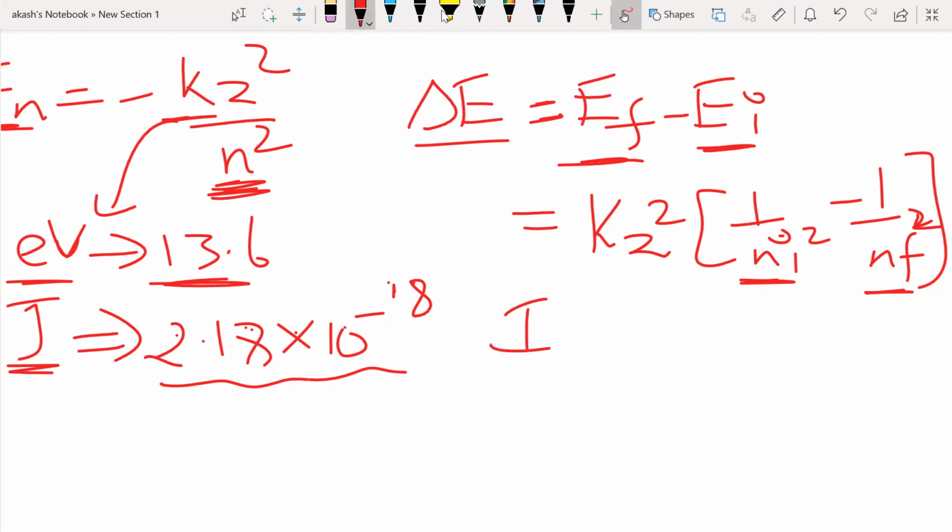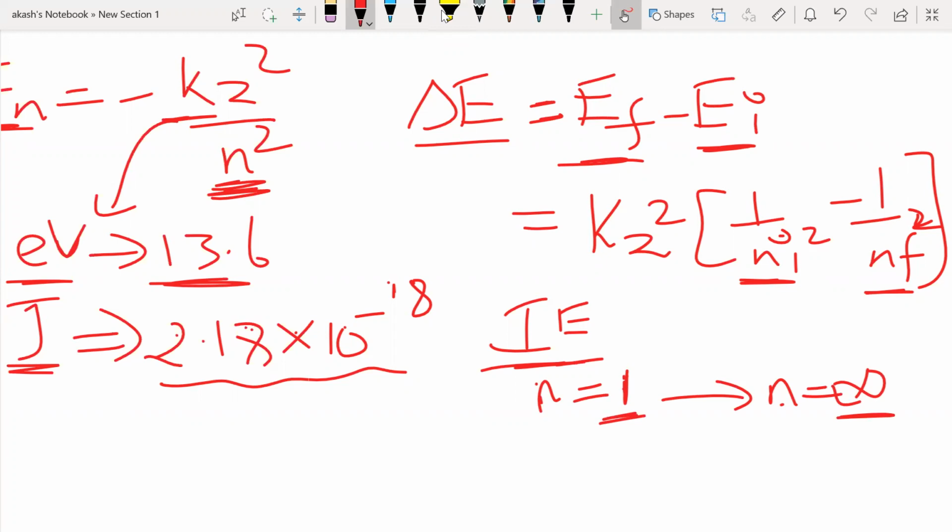What was perceived at that point of time is that it is the energy required to take the electron from the initial orbit, that is the first orbit, to infinity. When I take the electron from the first orbit to the infinite orbit, what is the energy required? That is called your ionization energy.